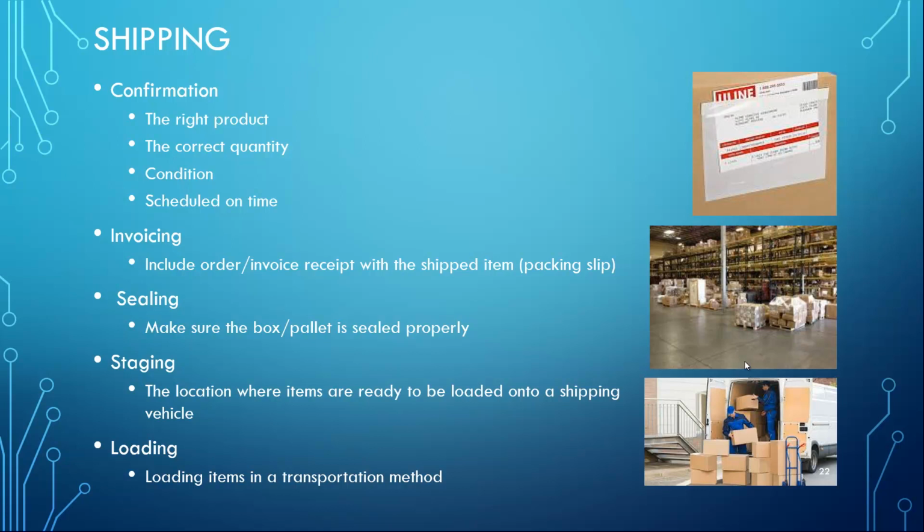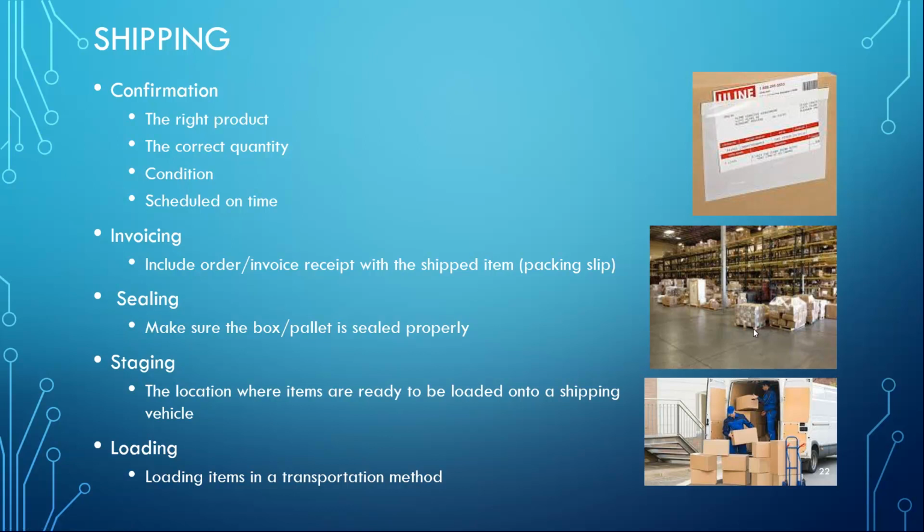In some cases, it's called the packing slip. And then sealing is making sure that the box or pallet is sealed properly. Usually they will not only seal the box but also put the boxes on a pallet like this, and as you can see it's being wrapped tightly to make sure that nothing will fall from that pallet.